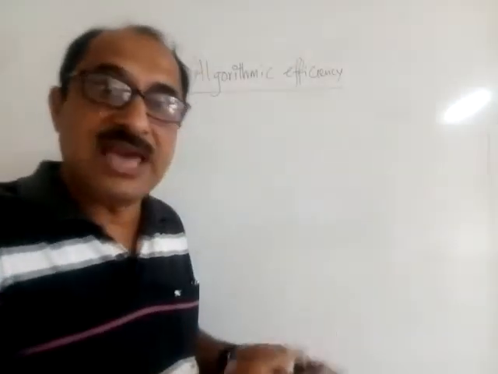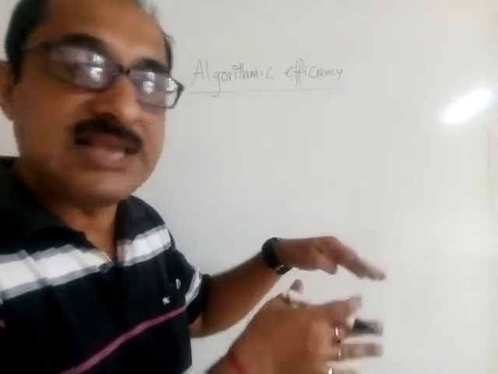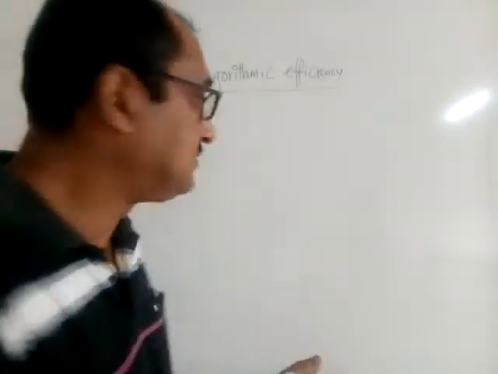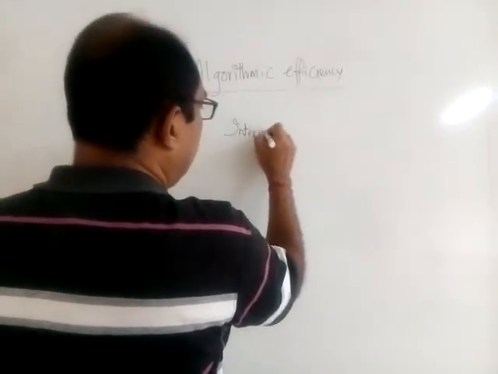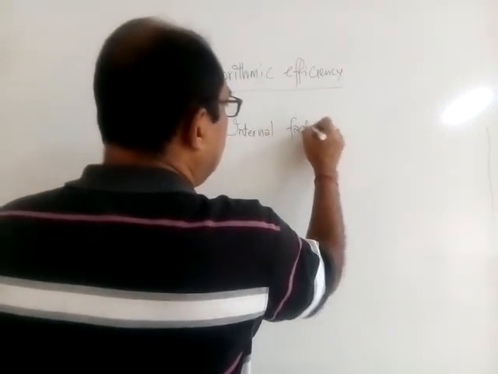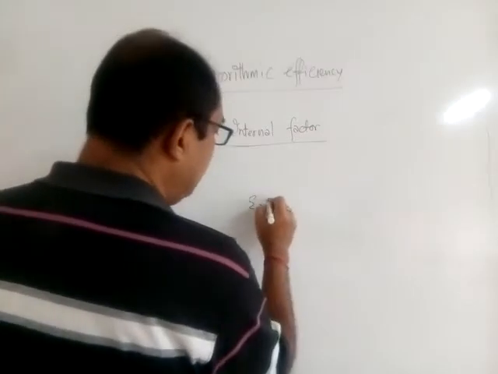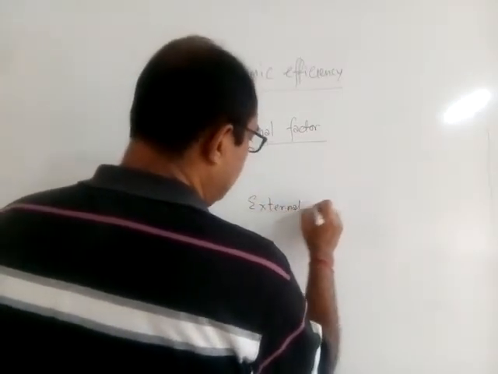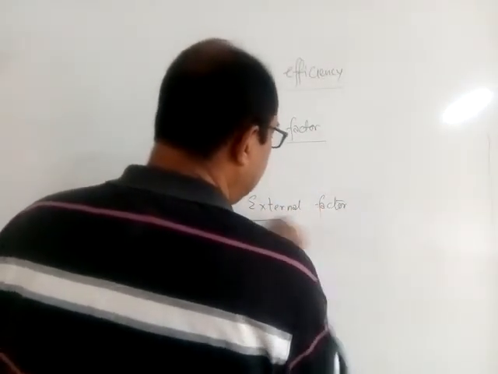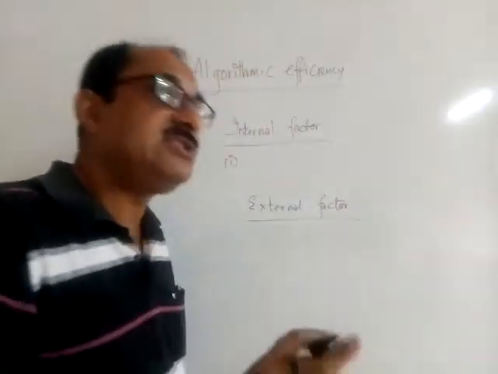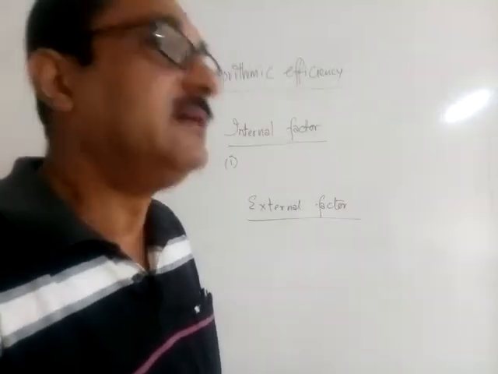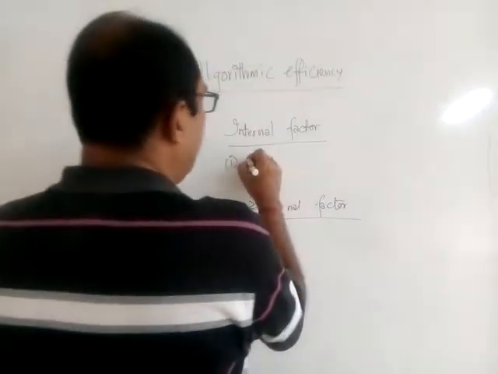Okay, let's see what all the things we have to do here. First of all, when we talk about the efficiency of an algorithm, there are two factors which play a very important role. You just see first here, I will write all the things in detail as usual in your notes. So first one is called internal factor, and the second one is called external factor.